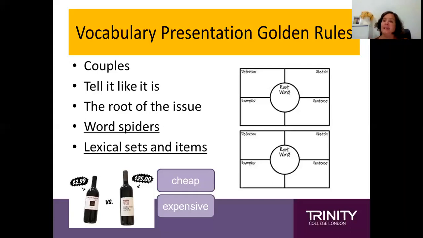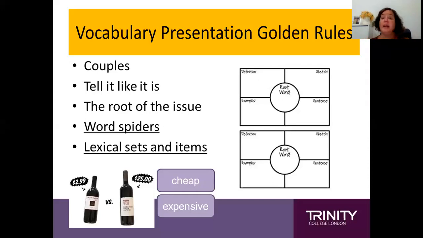When you present vocabulary in context, a lexical set would be, for example, farm animals, and the lexical item is cow. Another lexical item is sheep. Another lexical item is horse. All right? So the lexical set and the lexical items. This question of grouping words together really benefits vocabulary acquisition.